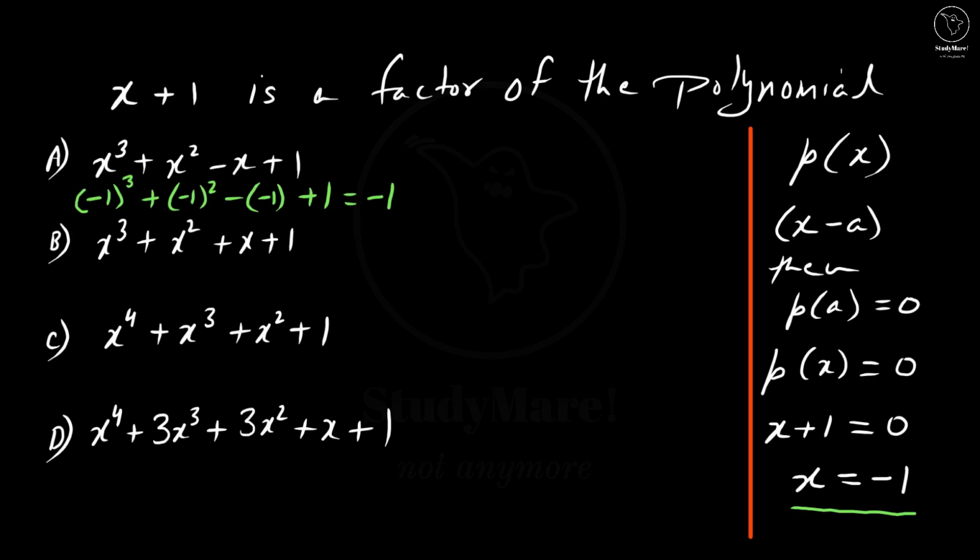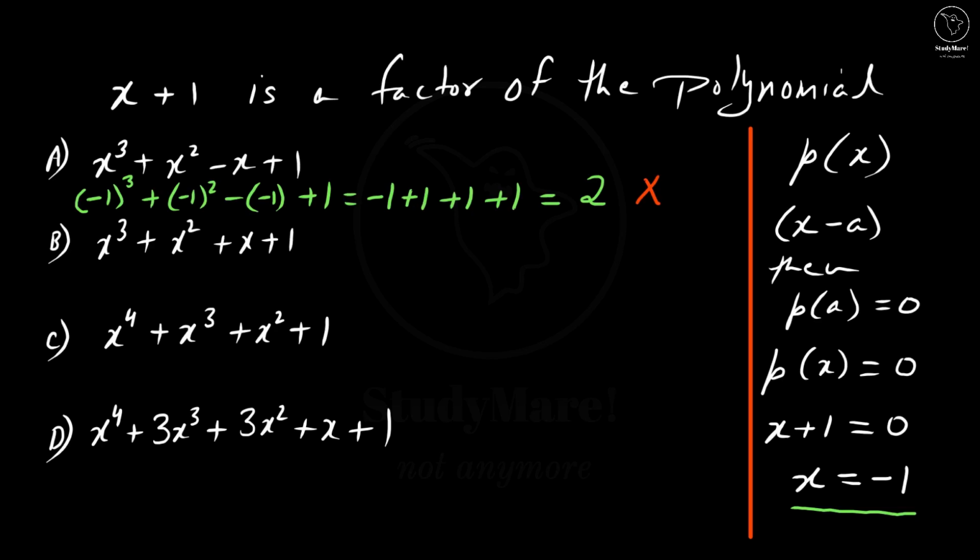(Minus 1) square is plus 1, and we have plus outside the bracket also, so this gives us plus 1. Minus into minus 1 is plus 1, plus 1. This is equal to 1 plus 1 plus 1, 3, minus 1 is equal to 2. It means this is not the factor, otherwise we would have got the result as 0.